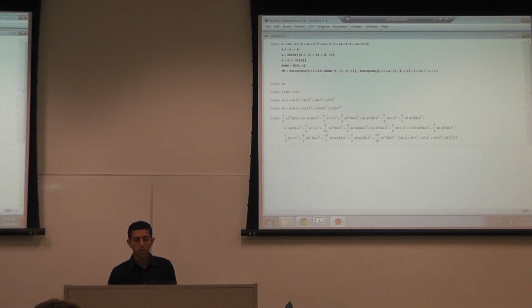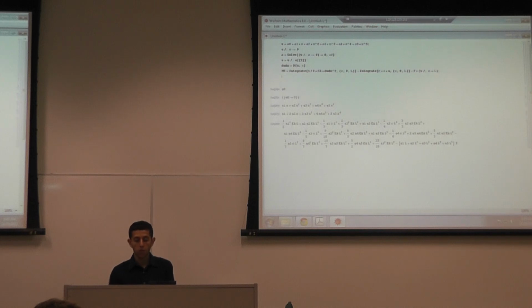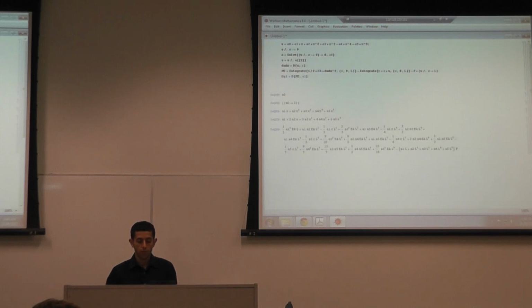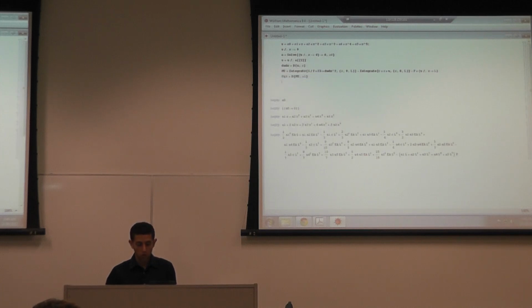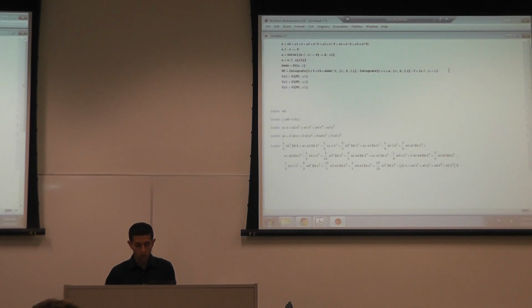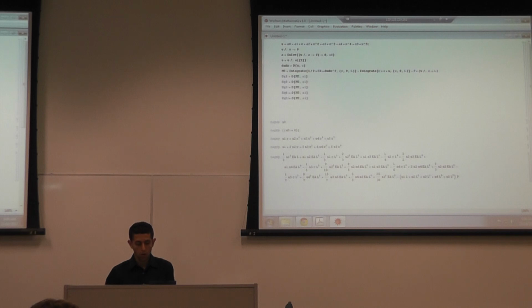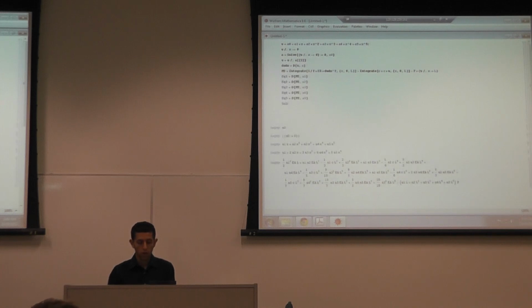Now I would like to minimize this and find A1, A2, A3, A4, and A5. So I'm going to call equation 1 is equal to the partial of potential energy by A1. I will make 5 equations. And I'm going to solve those 5 equations.